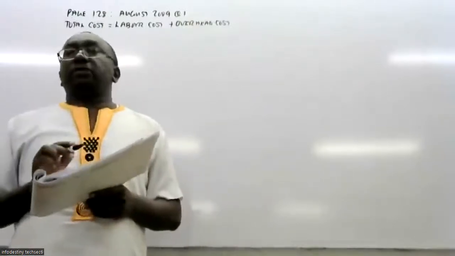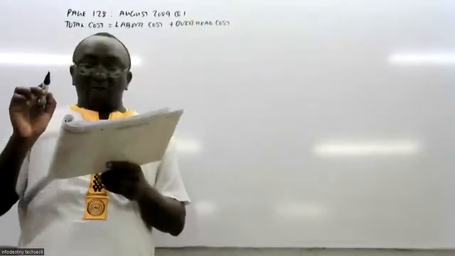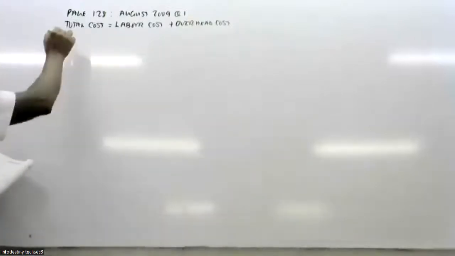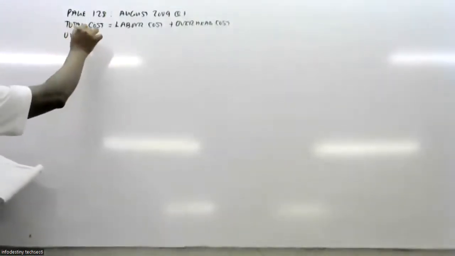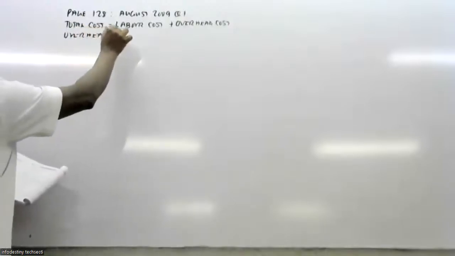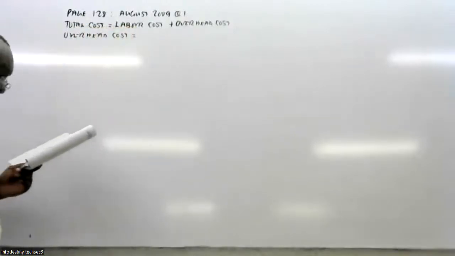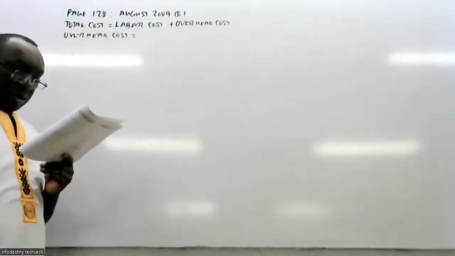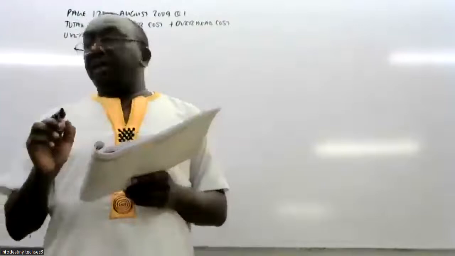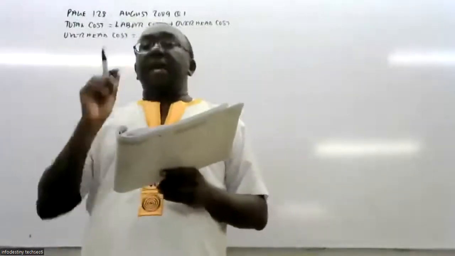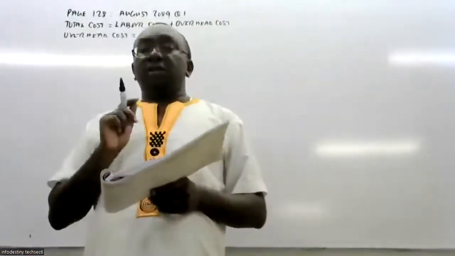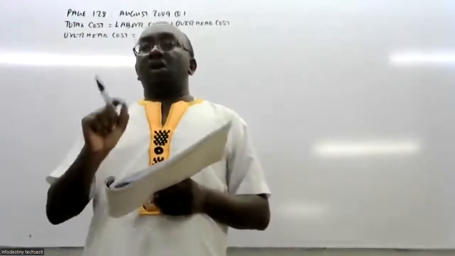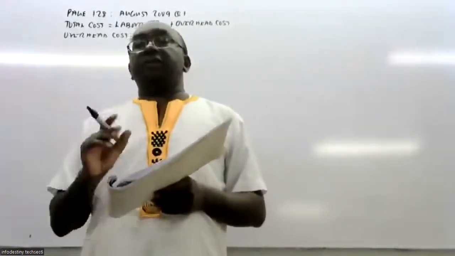So we need to ask ourselves, how do we get overhead costs? We can start from here. Now, the overhead costs, you can see somewhere they have said overhead are absorbed on labor hour basis. When you see something like that, it tells you that the overhead depends on labor hours. And we said when we introduced this topic that any cost that depends on the cost driver is a variable cost.